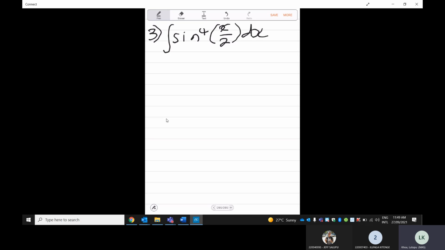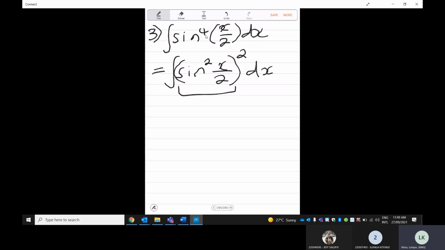Okay, so we rewrite this as the integral of sine squared of x over 2, squared, dx. Because this one here in the brackets is the one that I want to break down using the double angle identities. Okay, and then make sure that your exponents here, when you multiply them, you are back where you started.